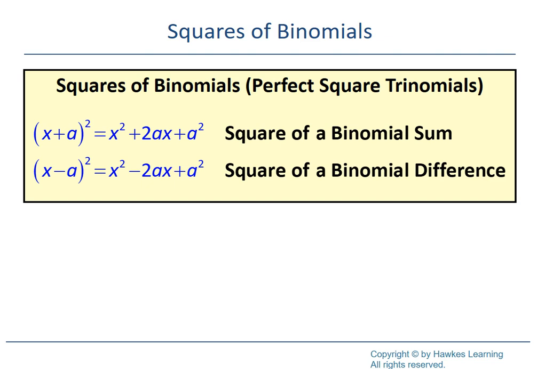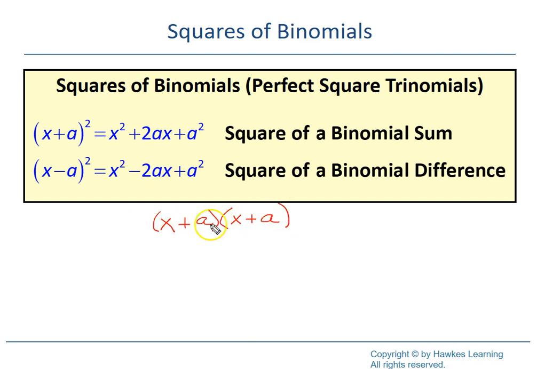Now, another special product is what we see here. Let me go over it with you. If we were to take x plus a, and since this binomial is squared, we could do it this way. X plus a.